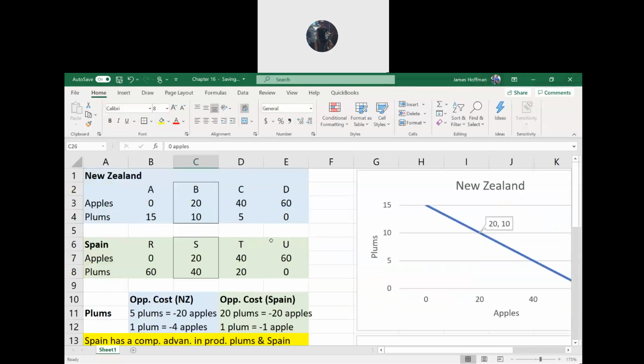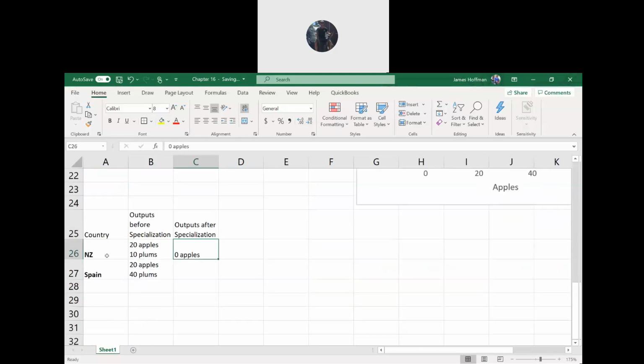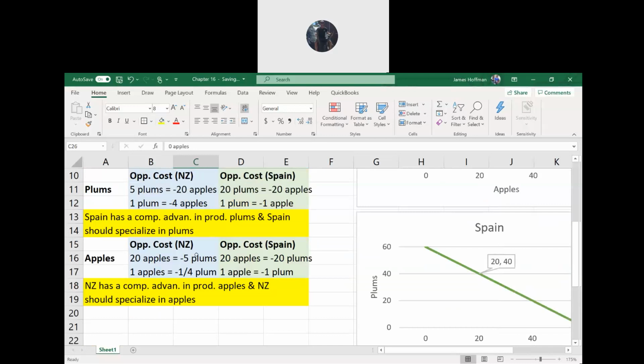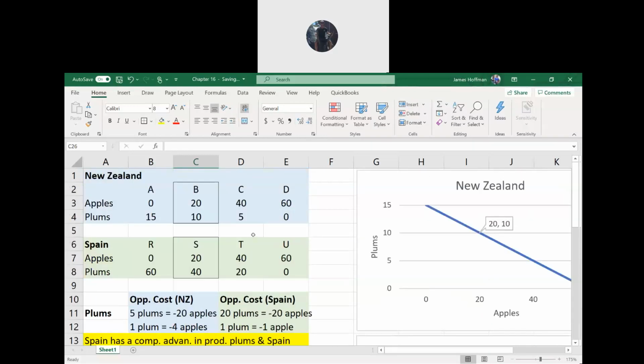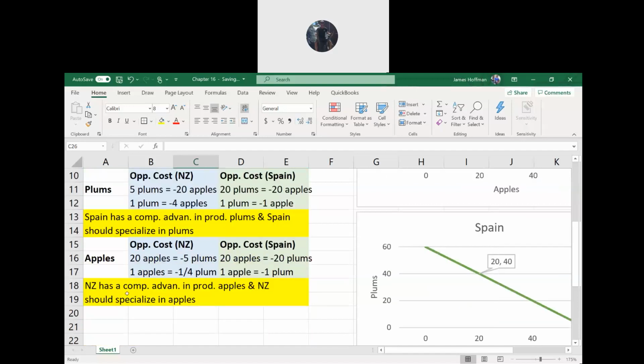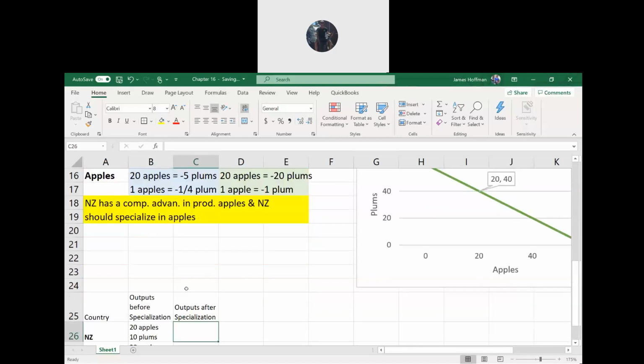New Zealand has a comparative advantage in producing apples, and New Zealand should produce only apples. So New Zealand is going to produce only apples and no plums.